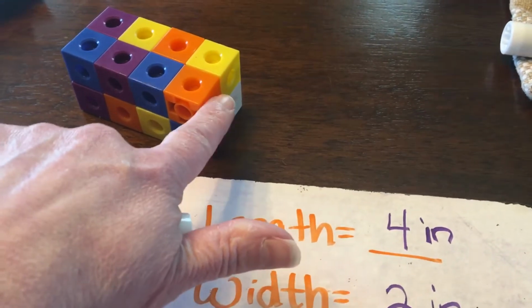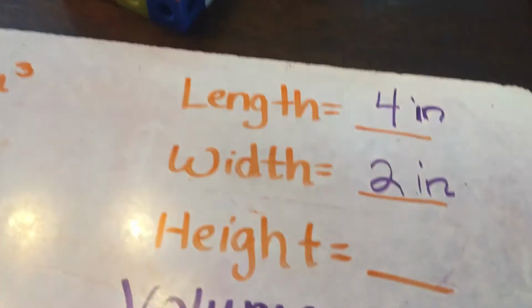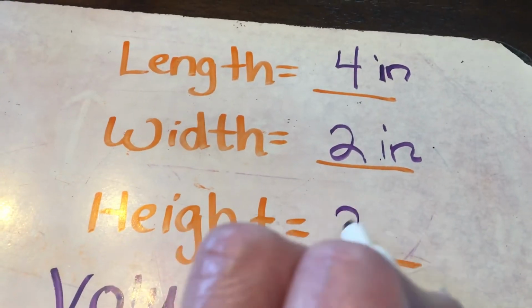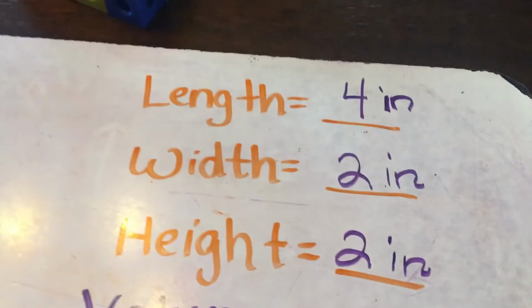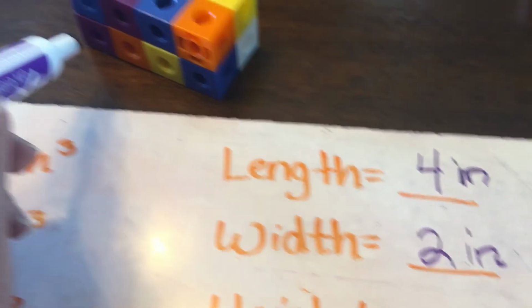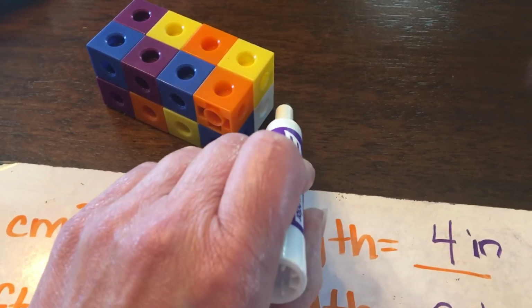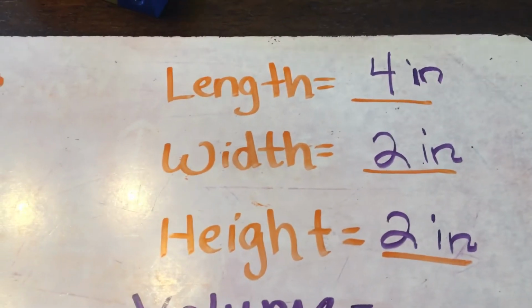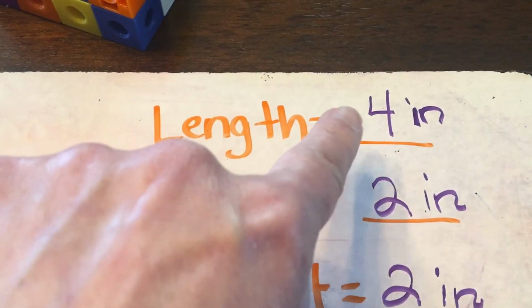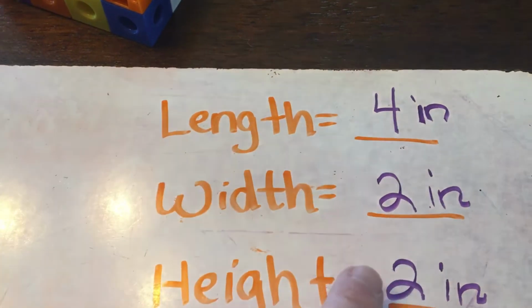The layers are what give it height. So I would say I have 2 inches in my layer. Again, this is if I measure 4, measure 2, and then measure up 2. That's going to give me my dimensions. You'll notice I have 3 dimensions, 1, 2, 3.